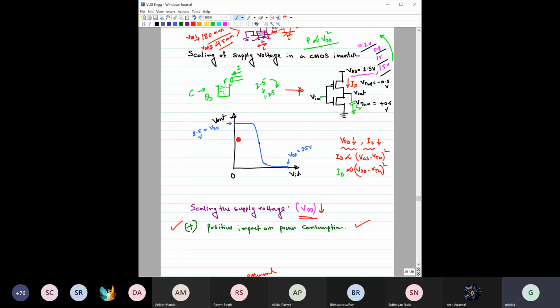If this is 2.5 and this is 1.5 volt, and this is 0.75 volt, then you will get the VTC. After 0.5 it will be constant, then it will give a swing, and then after that again it will be something like this.